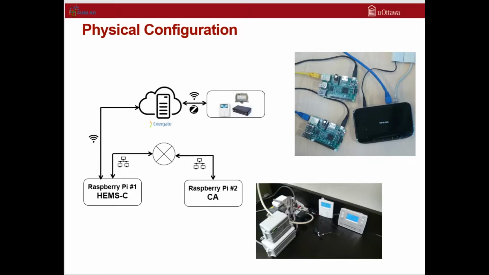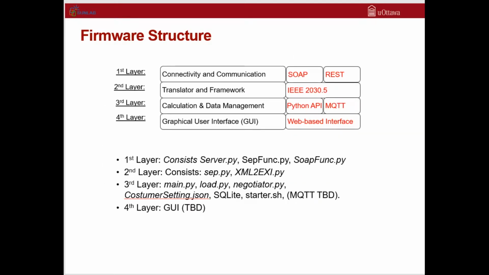Bear with me. The firmware structure has been designed to work like an object-oriented platform in 4 different layers. The first layer is the layer of connectivity and communication, which takes care of communicating between all other layers and the physical hardware and devices in the network.